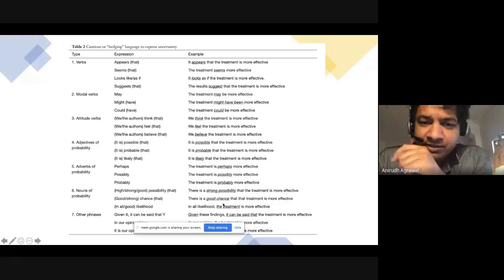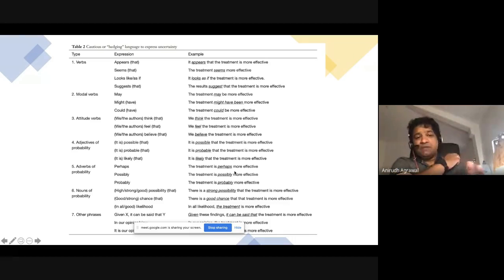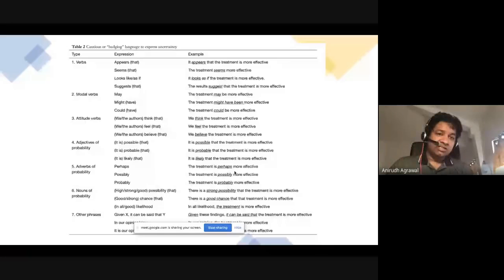So given X, it can be said that Y. Given these findings, it can be said that the treatment is more effective. Given X is a context. So given the context of India, where we see a strong socio-political interaction with firms, we might see that much of our planned actions in the context of India may lead to results that require higher due diligence and higher risk assessment.